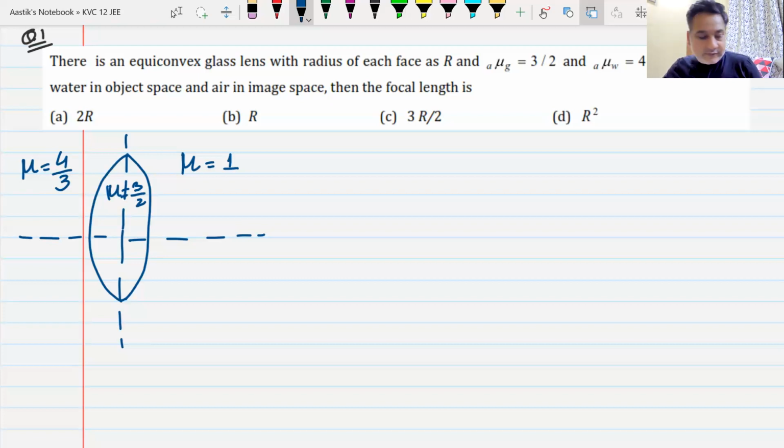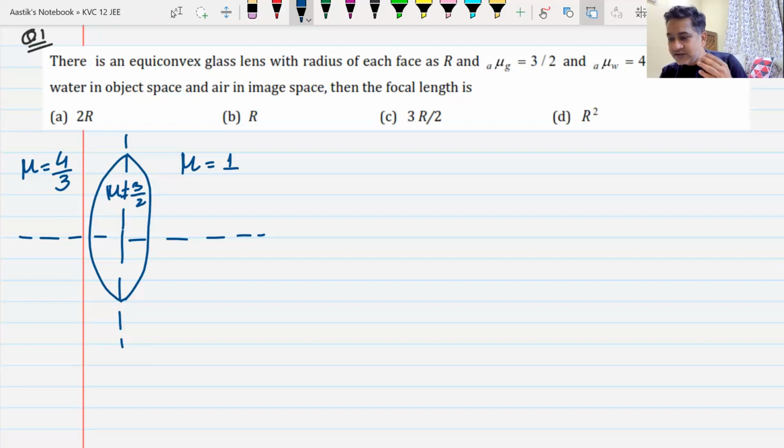So I should have parallel rays. When these parallel rays, after refraction from the lens, converge at some point, that point is your second principal focus. Do we understand this? Yes, sir. That is how you will have to calculate this.